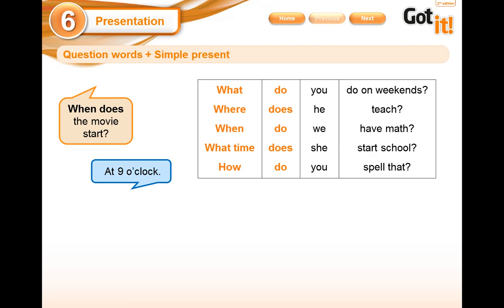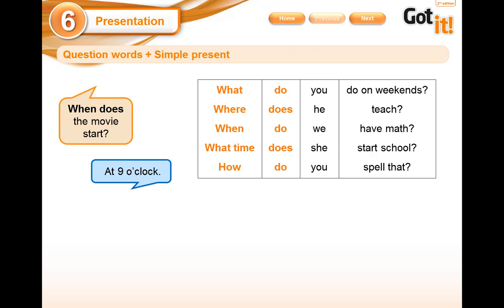When does the movie start? At 9 o'clock. El what nos va a indicar cuál es la acción exacta que va a realizar. El where, dónde realiza esa acción. When, cuándo realiza esa acción. El what time, a qué hora exacta realiza la acción. Y how, cómo realiza esa acción.